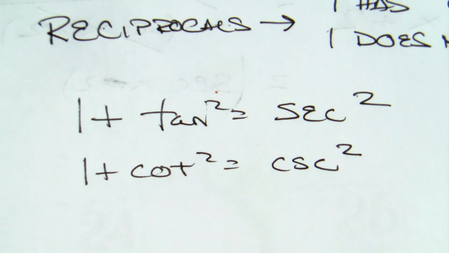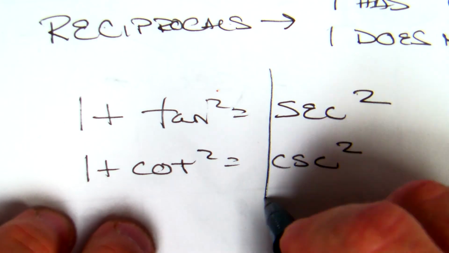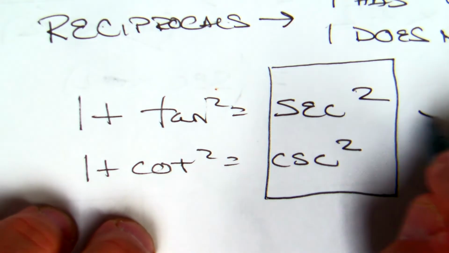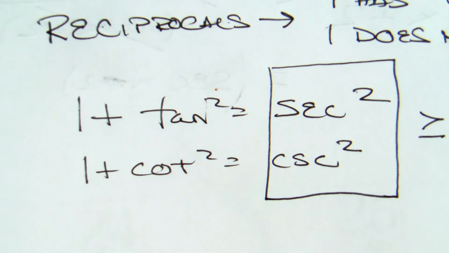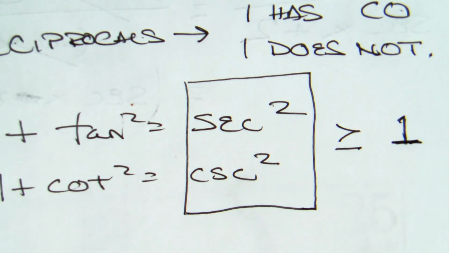So 1 plus tangent squared is secant squared. 1 plus cotangent squared is cosecant squared. Now, I personally know that those two are always greater than or equal to 1. I know that from the beginning of the year. That's how you know those should be the ones that are always going to stand all by themselves.